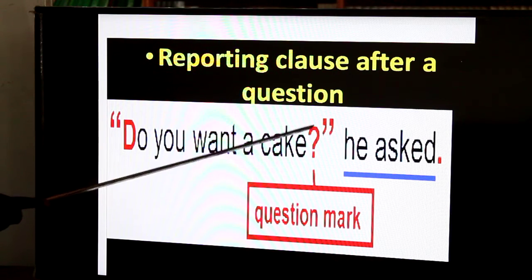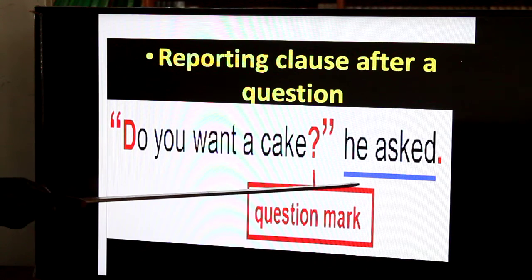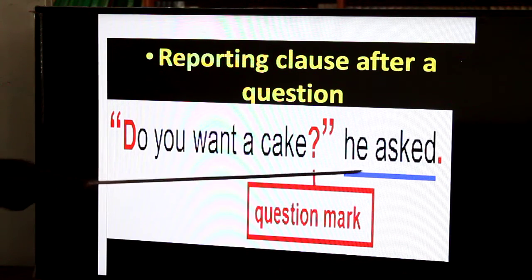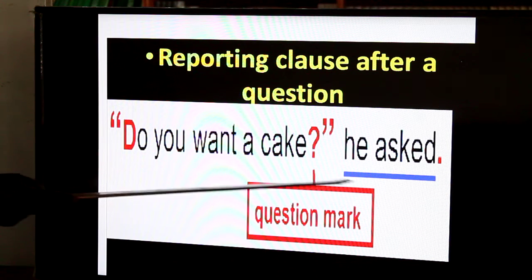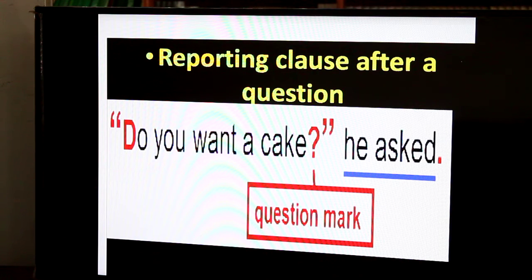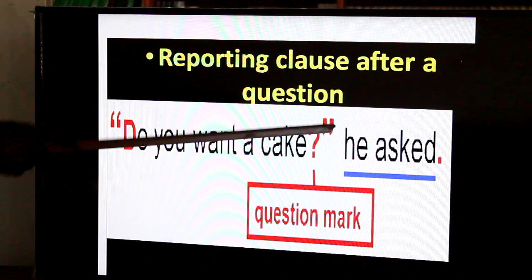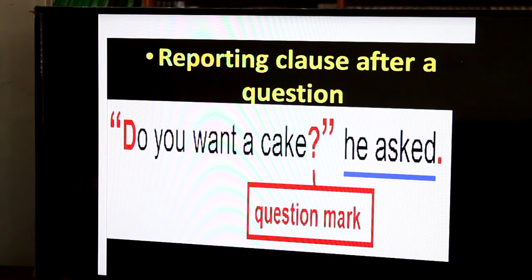This is a question, so question mark. Close. Start with a small letter. Why? The sentence is not complete. This is midway. He asked, then put your full stop. Remember, the question mark has to be inside the inverted commas. These are basic rules, but if we ignore them, it will be to our detriment.